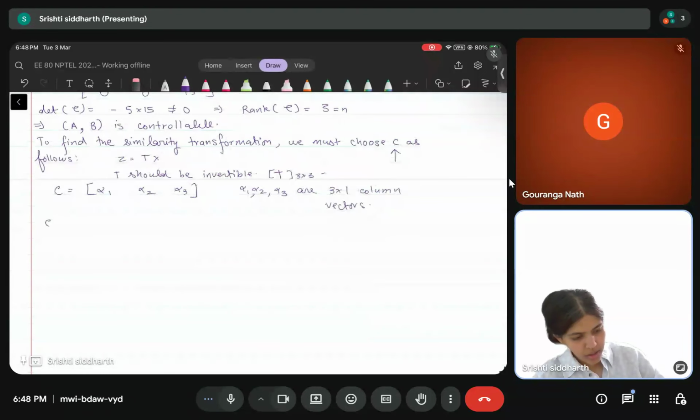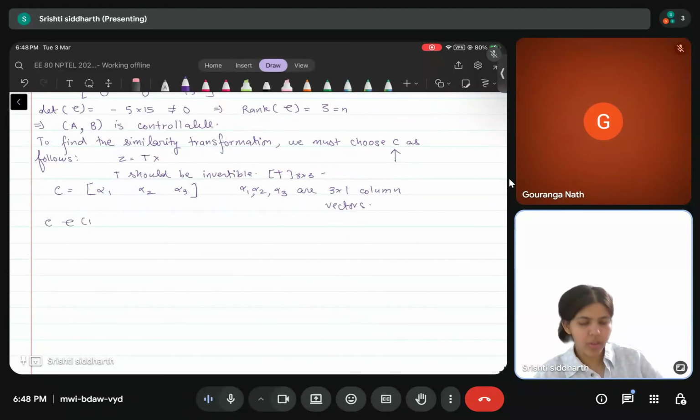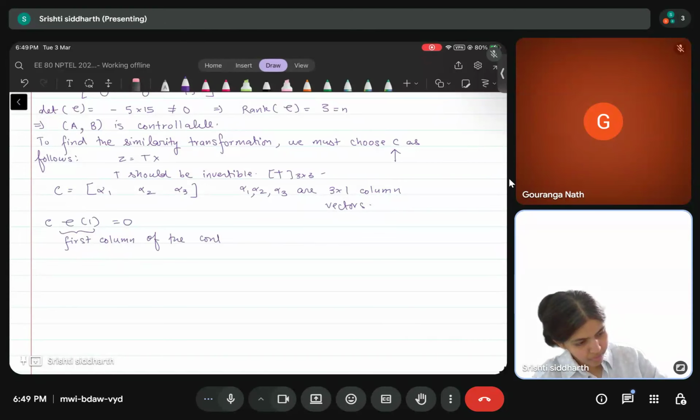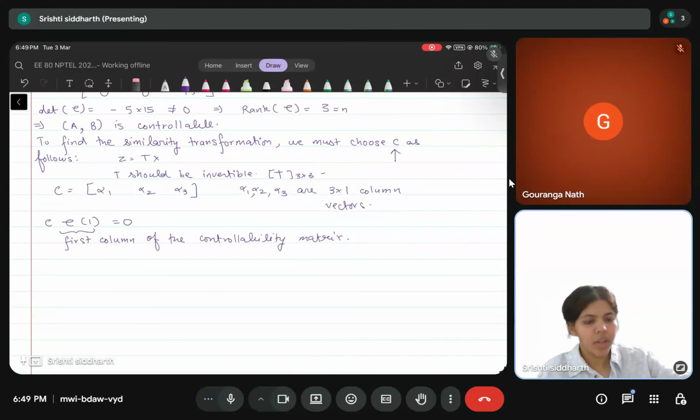The transformation operating on the first column of the controllability matrix should be 0. So what do we get? We get [alpha 1, alpha 2, alpha 3] times the first column, which is B, so this is [1, 0, 0]. This simply implies that alpha 1 should be 0.